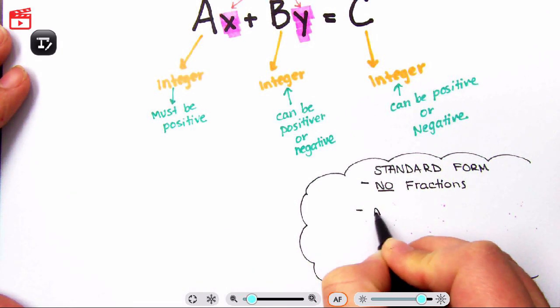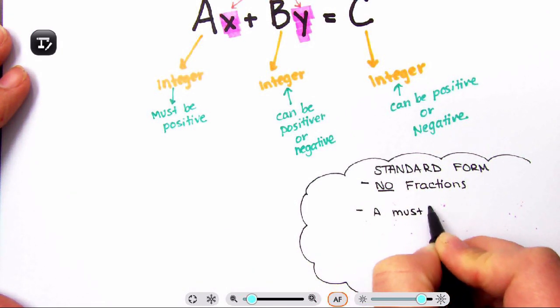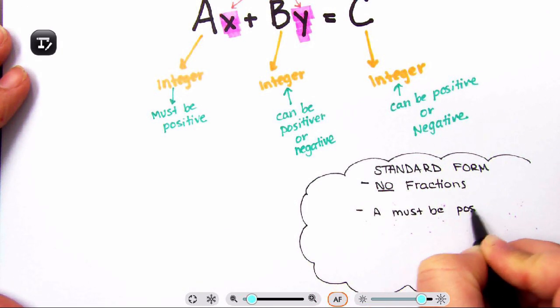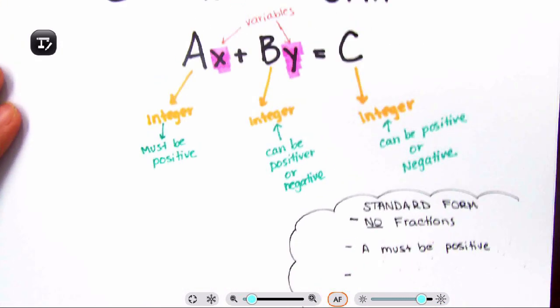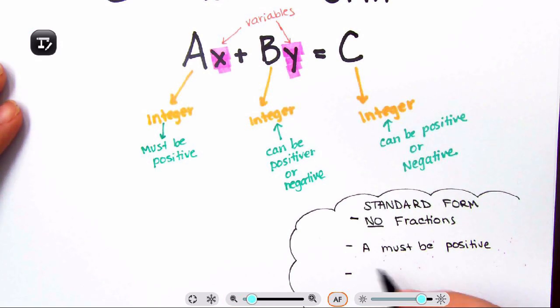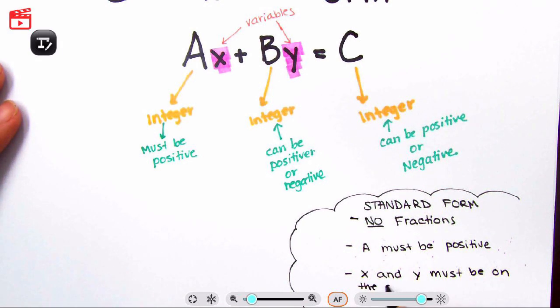It means A must be positive. We also notice that we have X and Y on the same side. So X and Y must be on the same side. And the last thing is our constant, just our number by itself, has to be on the opposite side.